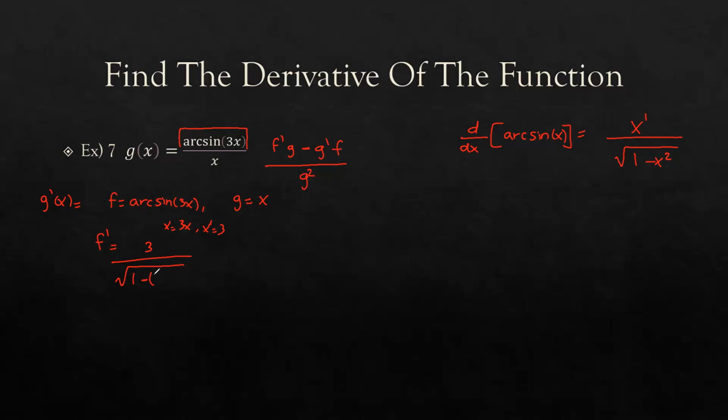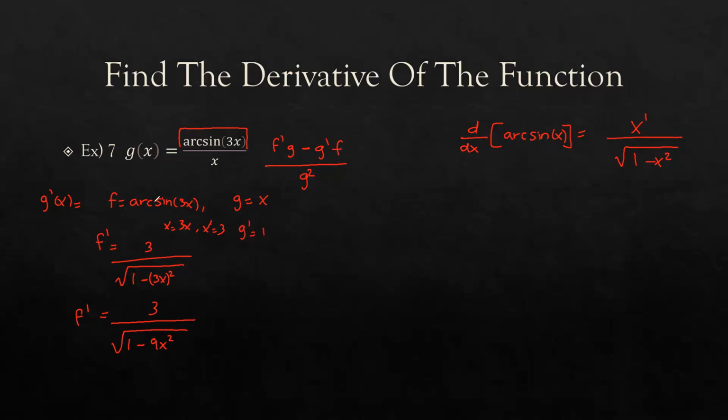So my u is 3x squared. That's 3 over square root of 1 minus 9x squared. Okay, so this is just regular f prime. And we said that g is x and then g prime is 1.